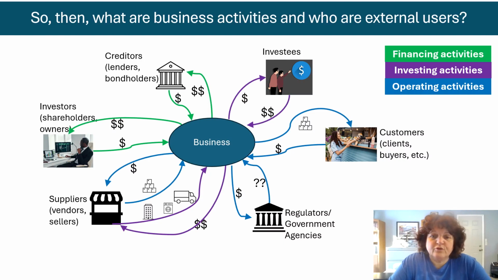And so we're going to have to pay payroll taxes, we're going to have to pay sales taxes, we're going to have to pay various other kinds of taxes, occupancy taxes and property taxes and things like that. And so we're paying money to those regulators as part of operating our business.